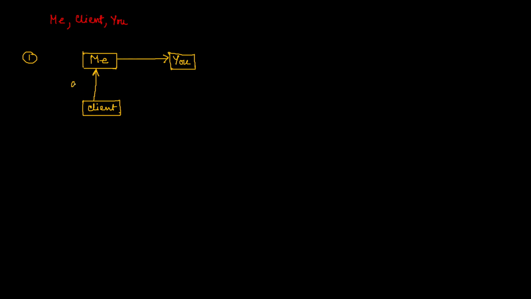Suppose A and B are given. A and B are the two values. Now what I have done, I have called you and I have given these A and B to you. Now what you have done, you have added these two values and found the result, and you have returned me the result.